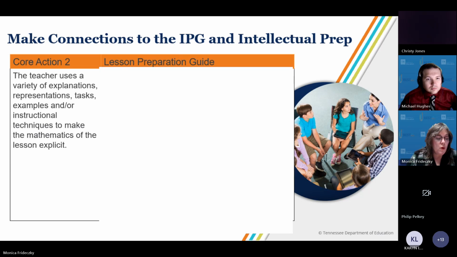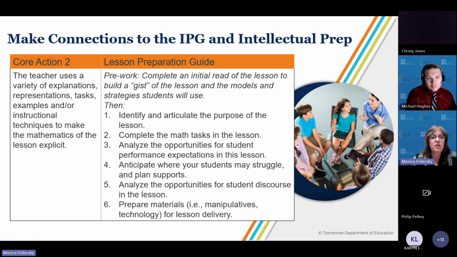So, what do teachers need to prepare for this core action in practice? Let's look. In this second column to the right, is taken directly from the lesson preparation guide, the math lesson prep.